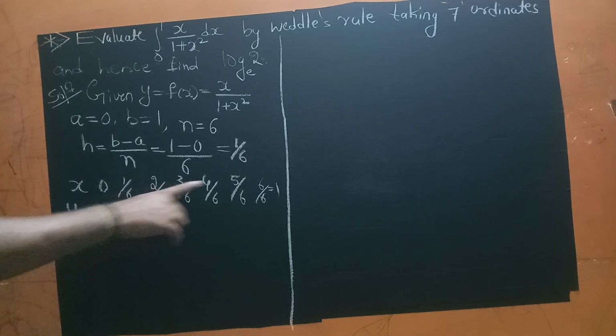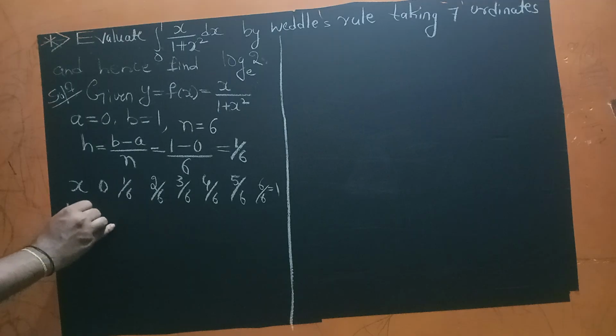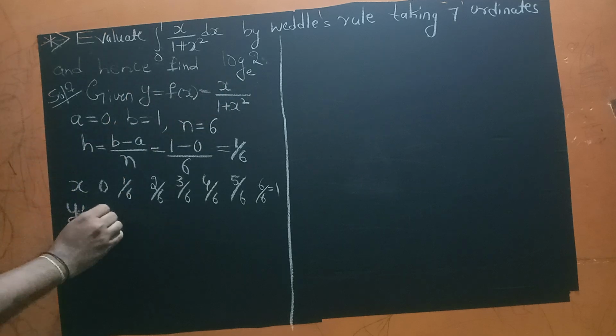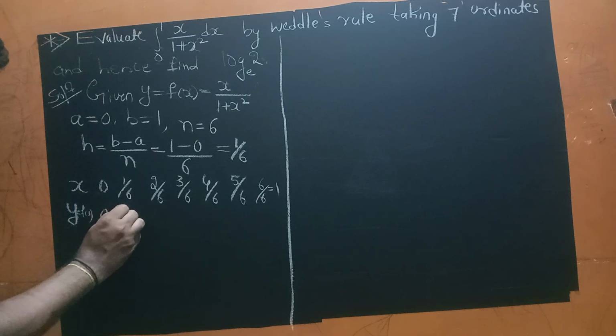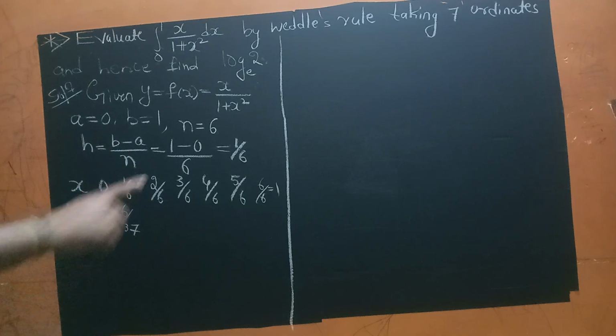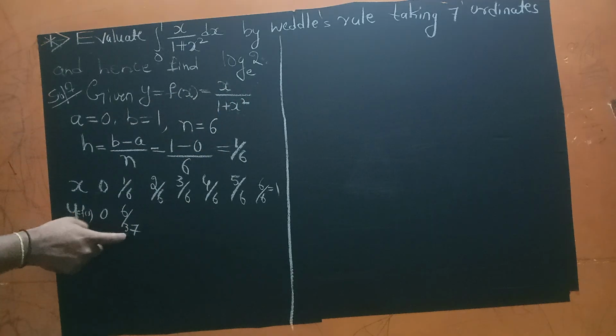For all these values we have to find the corresponding y value, that is f of x. If I replace x equal to 0, the corresponding y is also 0. If I replace x equal to 1 by 6, then after simplifying, the corresponding value will be 6 by 37.